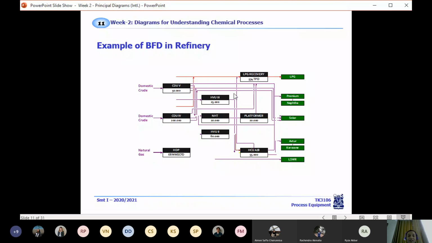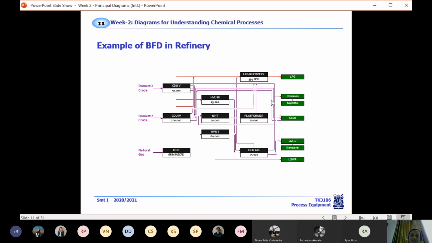And this one is the example of a block flow diagram of a plant. By showing this one, when you come to, for example, the refinery unit of Balikpapan, you will understand, oh, I can easily understand that this plant has the CDU 5 that treats the domestic crude and produces solar, for example.